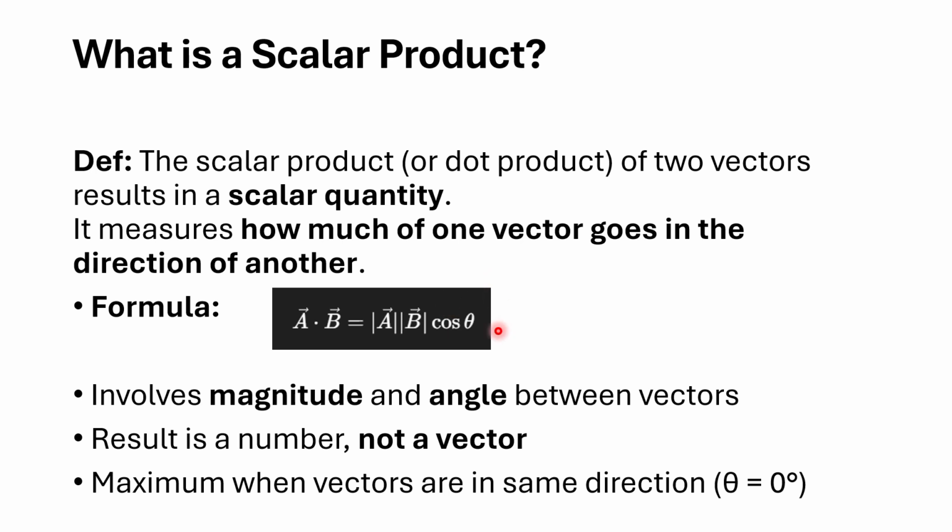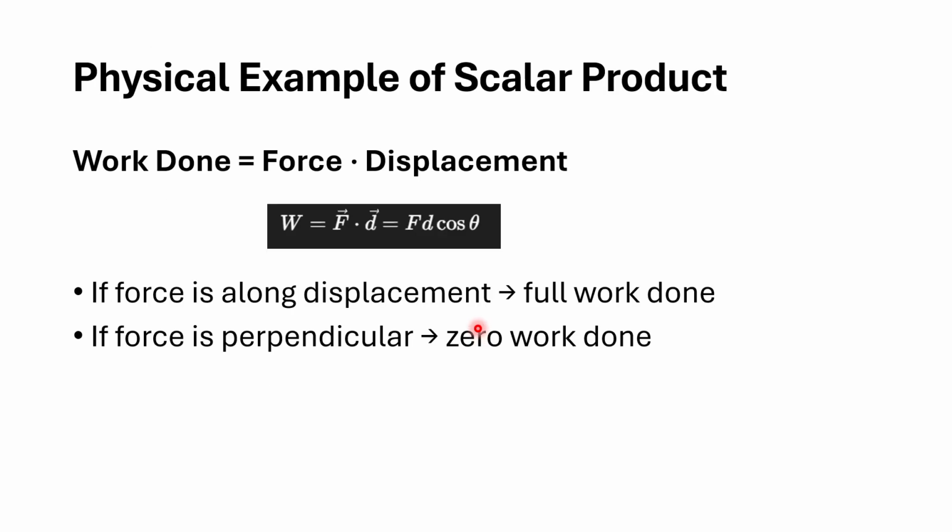We put theta as 0 over here, and cos 0 becomes 1. That gives us the maximum value, the product of the magnitudes of both vectors. Physical example of the scalar product: work done.